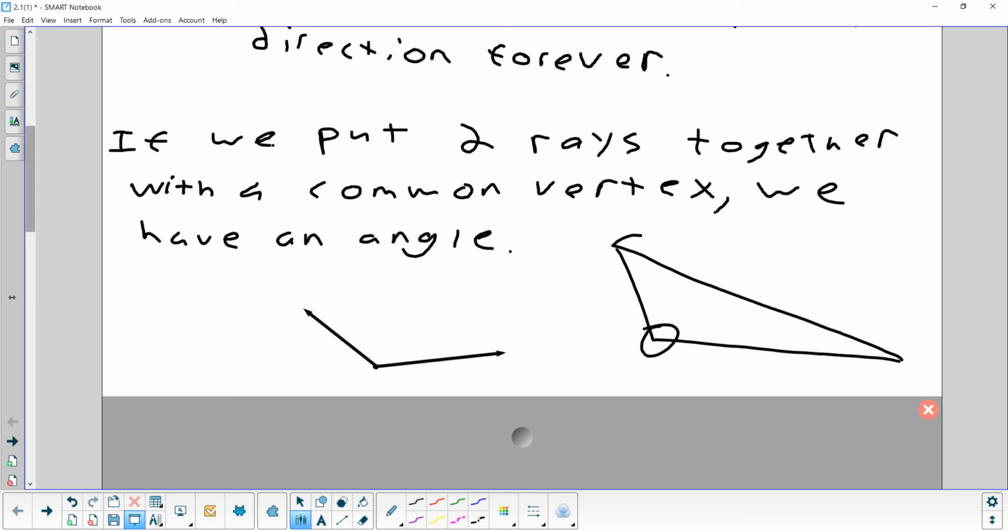But we still call these three things angles, even though they're where two line segments are coming together, not two rays. So you can have an angle that's all by itself, where you've got the two rays, or you can have an angle that's part of a polygon, where line segments meet. It's still called an angle. Okay, any questions on that?